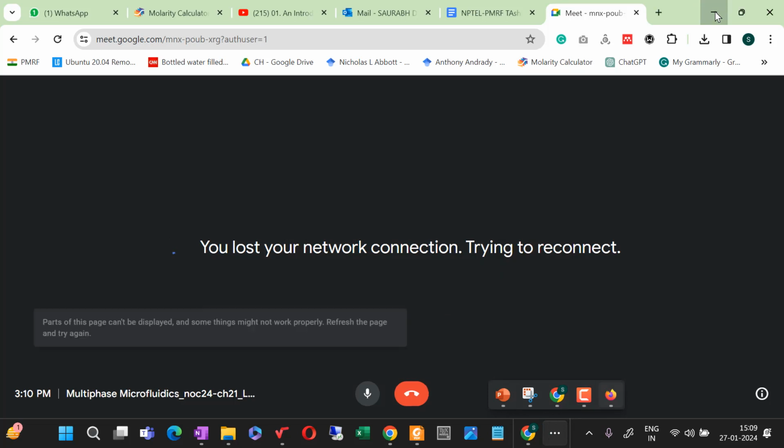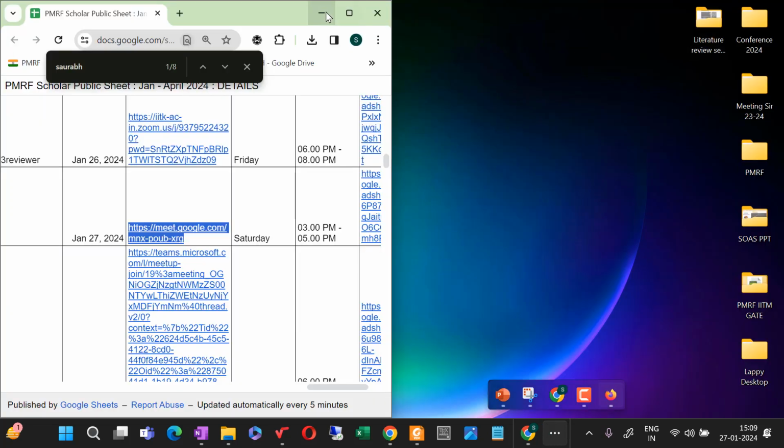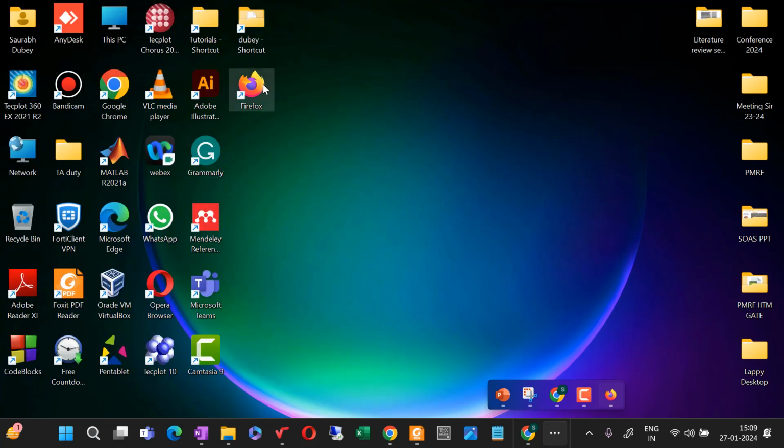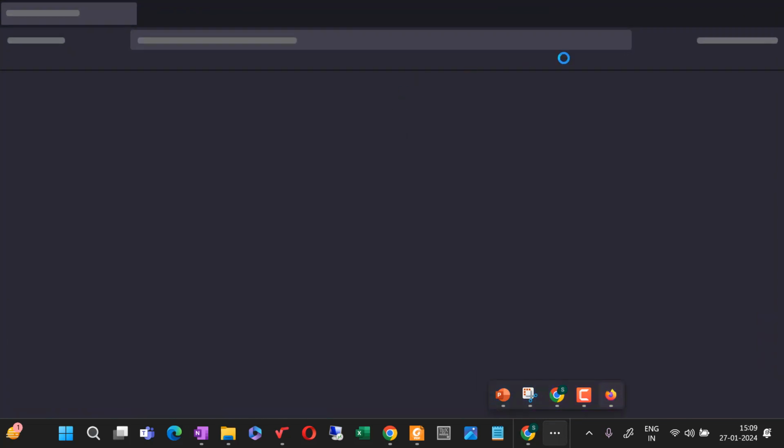I have to reconnect Firefox. Why is it not connecting?